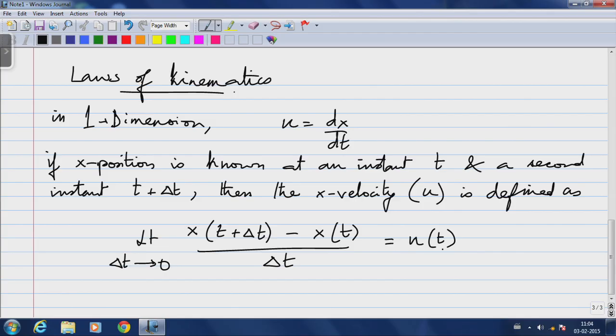So, one of the biggest contributions of calculus was this idea of instantaneous velocity.